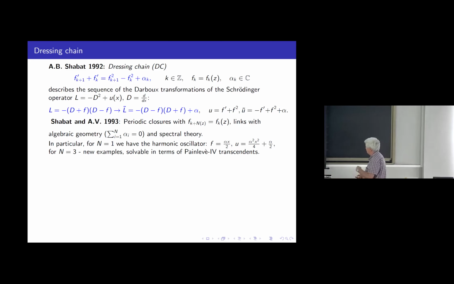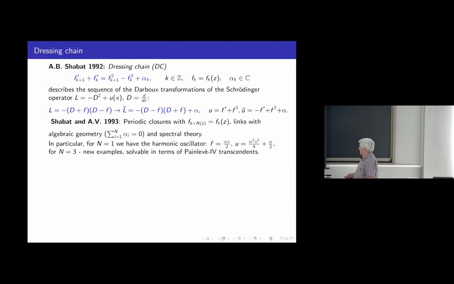But for n equal to 3, for example, you have new examples, a quite peculiar variation of the harmonic oscillator, which has a spectrum consisting of 3 arithmetic progressions.